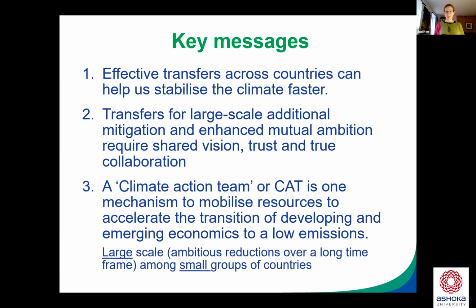It's one mechanism to add to the set to mobilize resources that can accelerate the transition of developing and emerging economies to low emissions. And the key things in it are that it is large scale and that it is among small groups of countries who can develop a good trusting relationship.